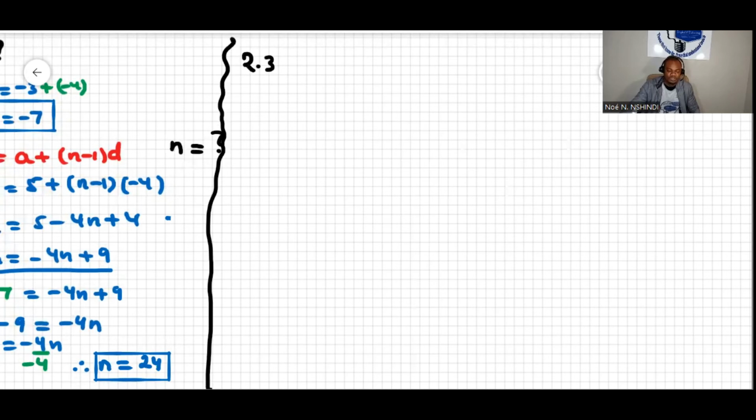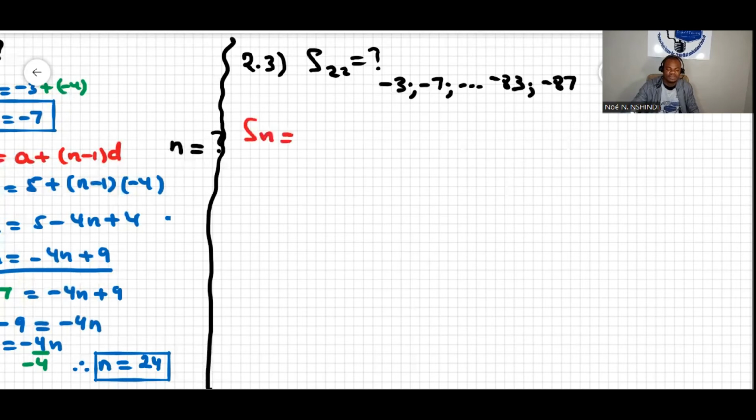For 2.3, we are basically asked to find S22. This is what we're looking for, starting from -3: -3, -7, -11, and so on, up to -83 and -87. Now, we do know that Sn for an arithmetic sequence is given by n/2 times (2a plus (n-1)d).